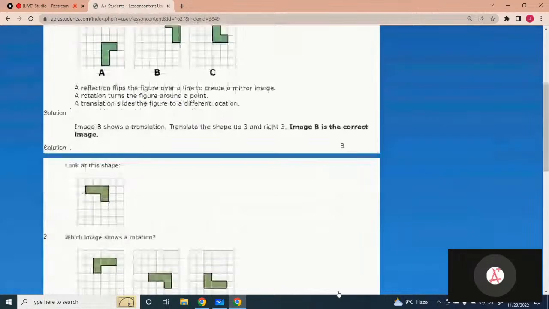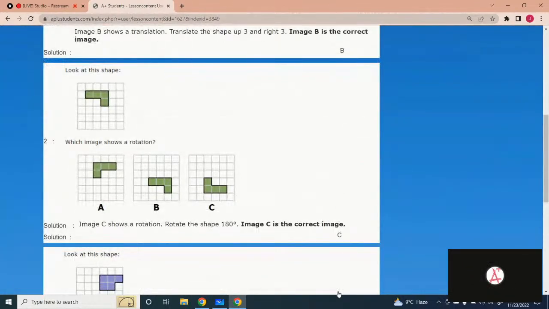Okay, let's look at this one. Look at this shape. Which image is a rotation? Rotation is when you rotate the image around a point. So B is the translation and C is the rotation.